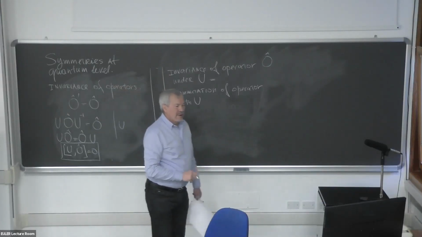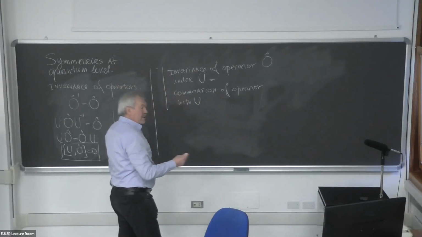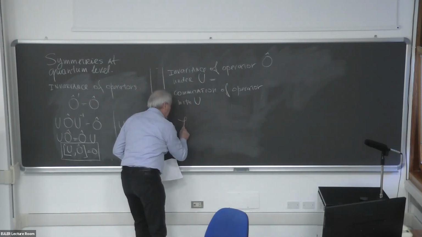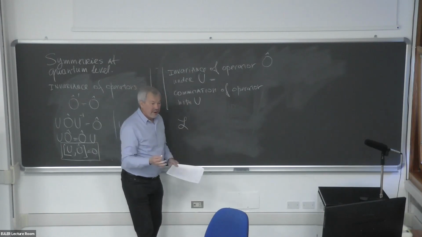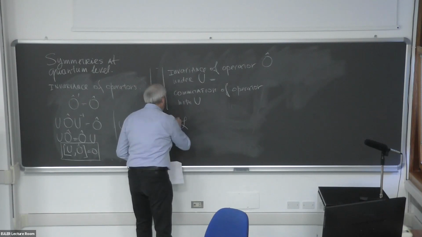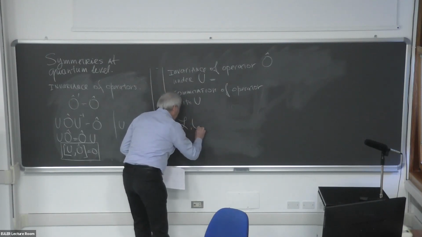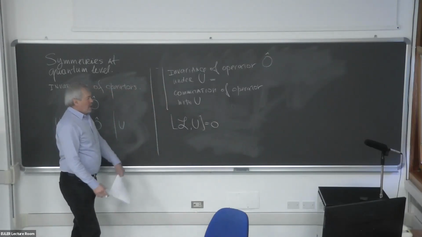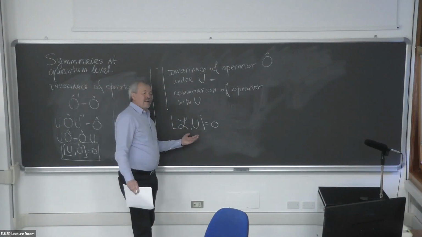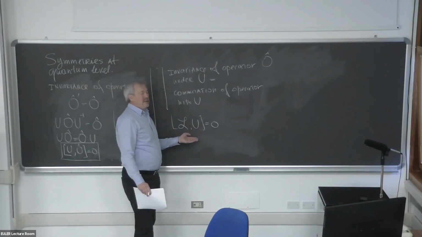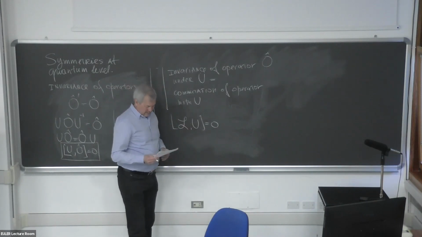The important operator we will study is the Hamiltonian or Lagrangian, and therefore invariance of the Lagrangian, which means invariance of our theory, because we describe the theory by the Lagrangian, is commutation of the Lagrangian with a given transformation operator. So if this is satisfied, we are saying that the Lagrangian, or our theory, is invariant under transformation U.